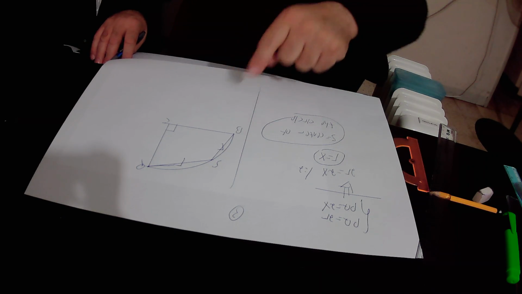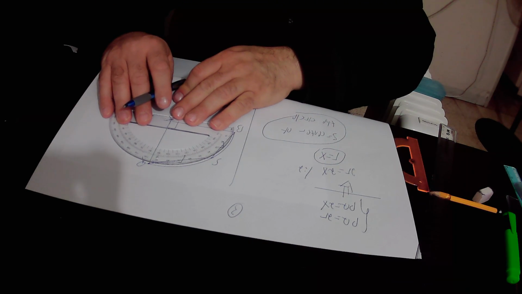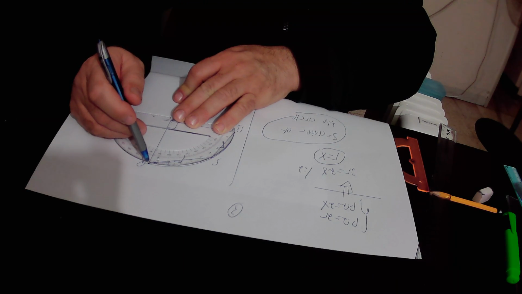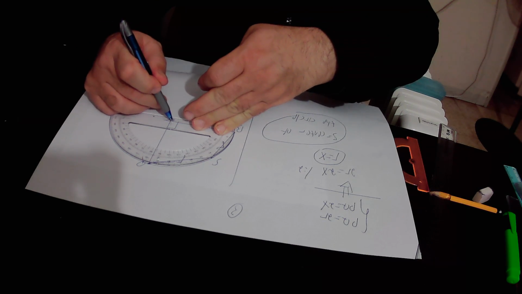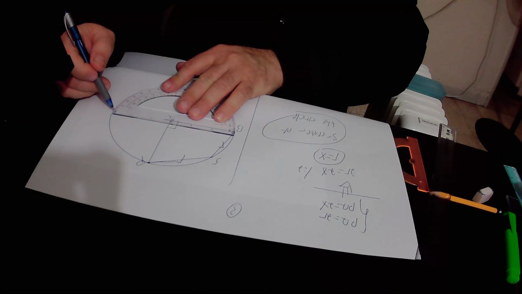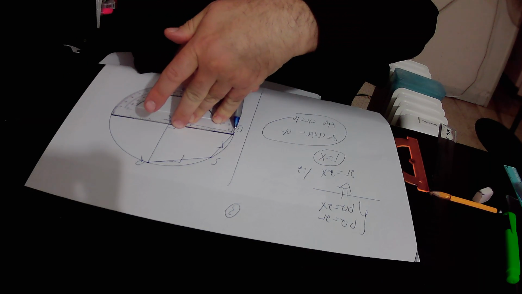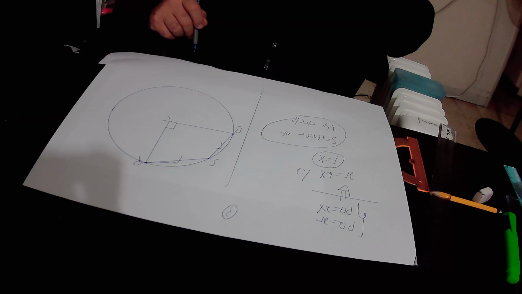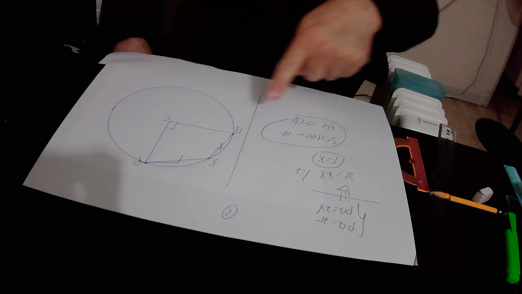Now we complete this quarter circle to a circle, and we join points Q and B together by a straight line.